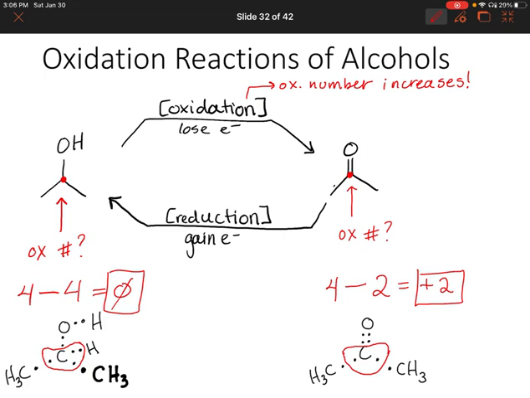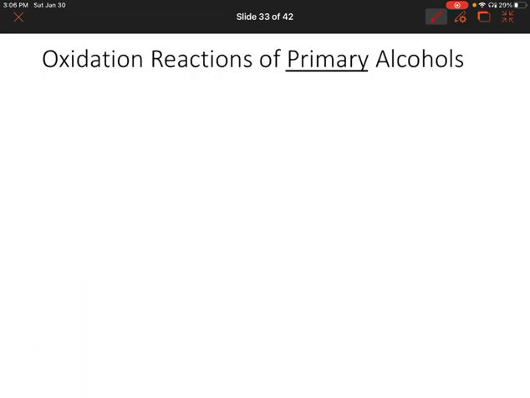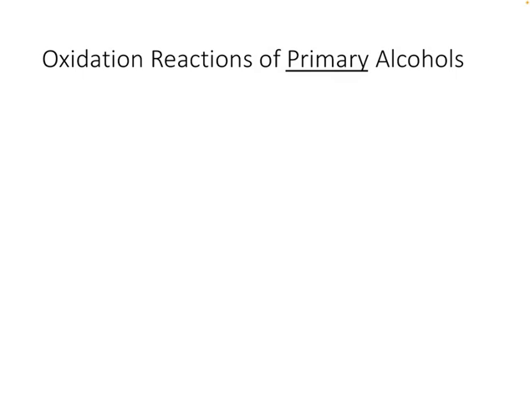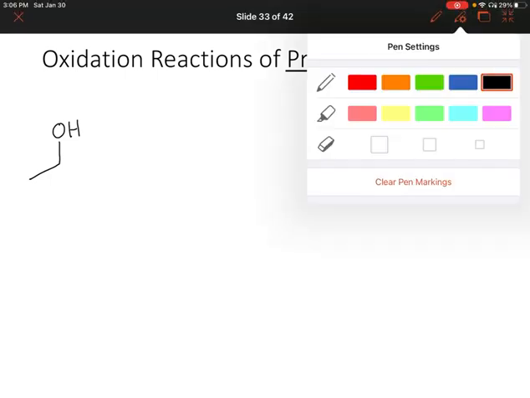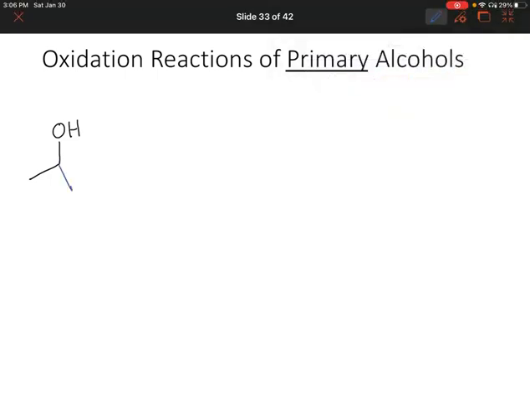So let's go over the oxidation reactions of primary alcohols. Okay, so let's say we have a primary alcohol, and let's draw in our hydrogens on that carbon that's bonded to the alcohol. Okay, what if we performed an oxidation reaction?